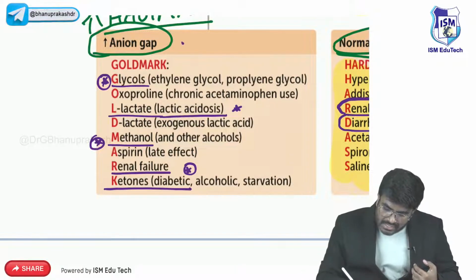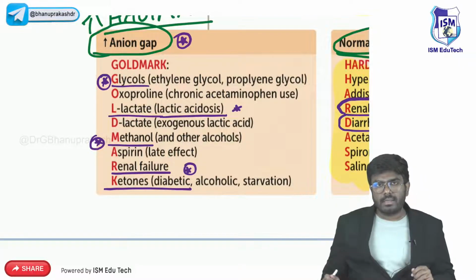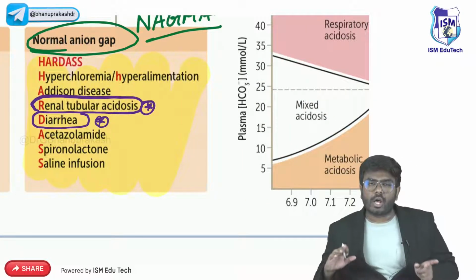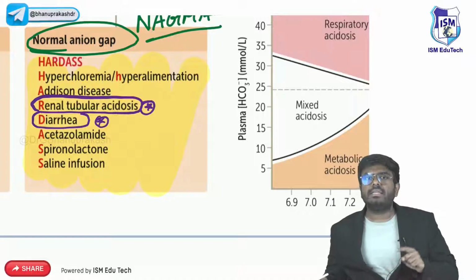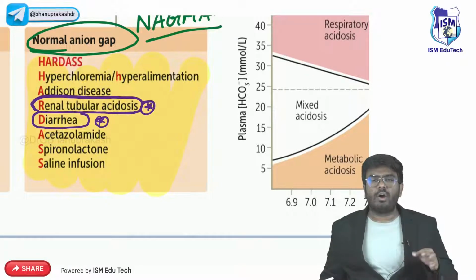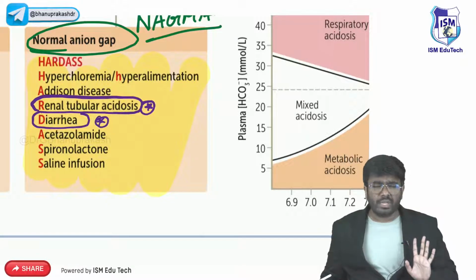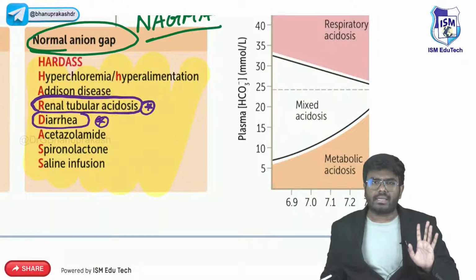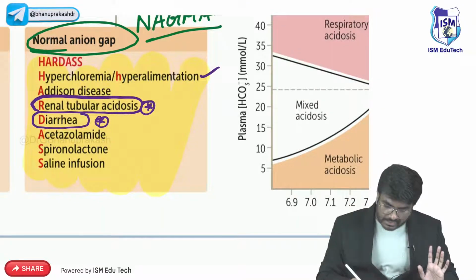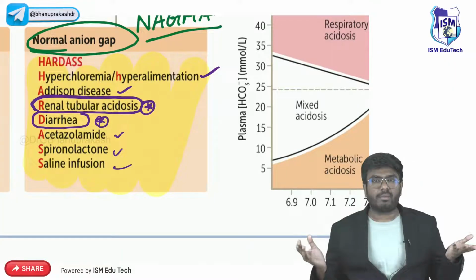All of them will cause high anion gap metabolic acidosis, HAGMA. But what are the examples of normal anion gap metabolic acidosis, NAGMA? It is simple, sir. Two things: vomiting, diarrhea, as well as RTA, renal tubular acidosis. If you can remember other things, excellent.